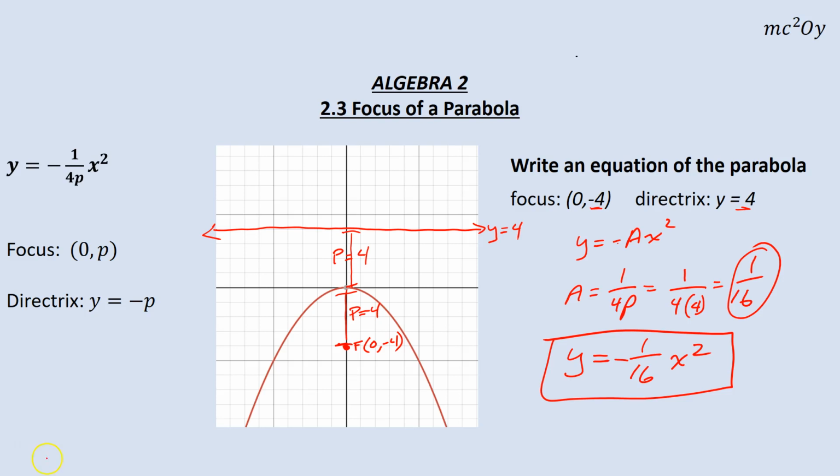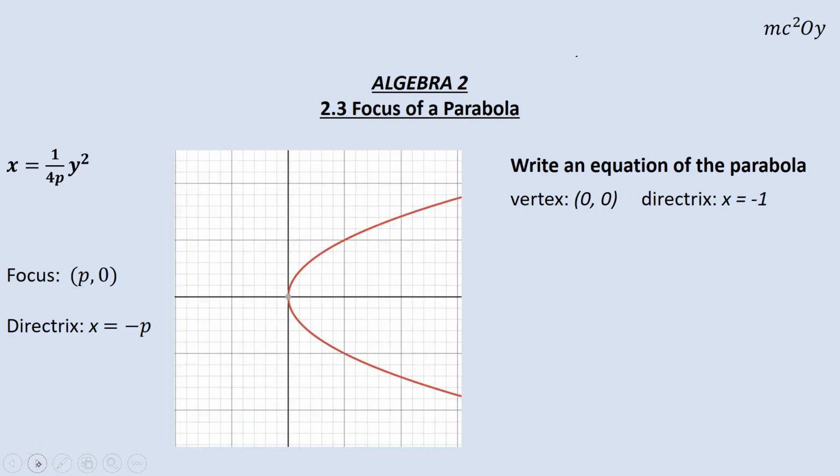All right, try another one here. This one says write an equation of the parabola. This time the vertex is at 0, 0 and the directrix is x equals -1. I'll mark -1 right here. So x equals -1.